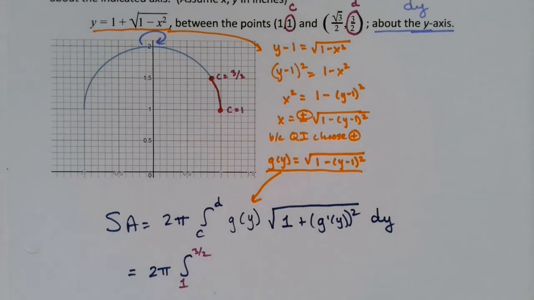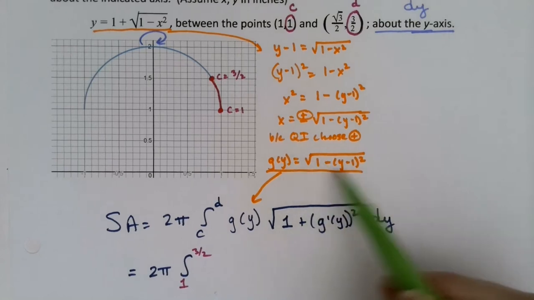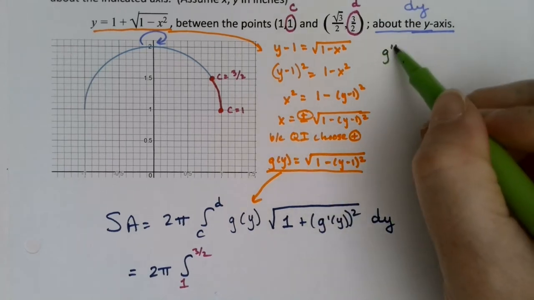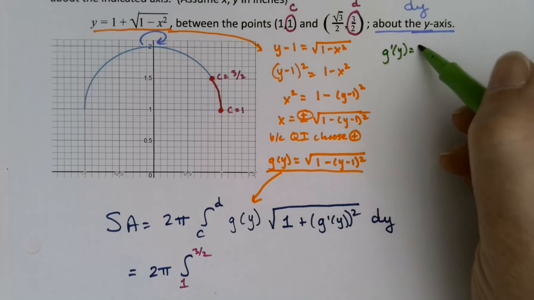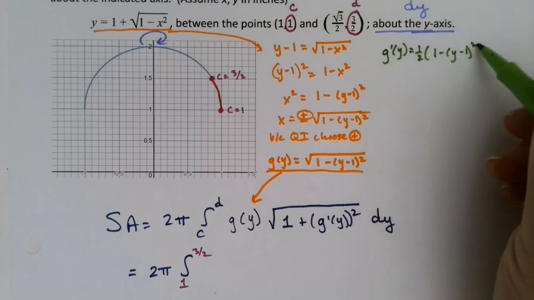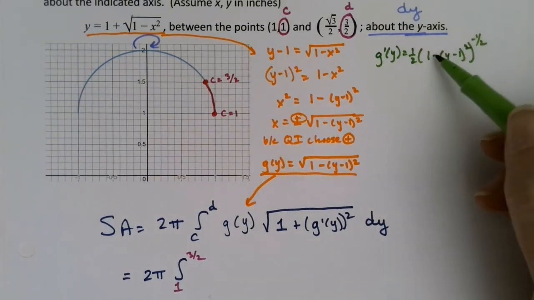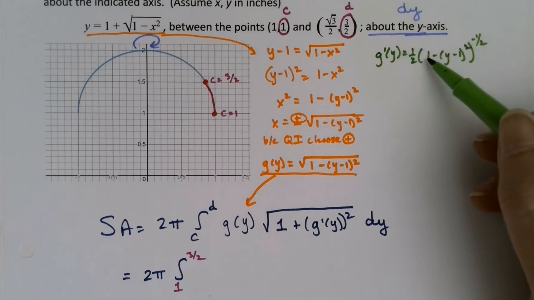But now I need to find the derivative of it. Remember, this is all to the 1/2 power, right? So the derivative would be, bring the half down, so 1/2, 1 minus y minus 1 squared to the negative 1/2, times the derivative of the inside. The derivative of 1 is 0, so that's not a problem.